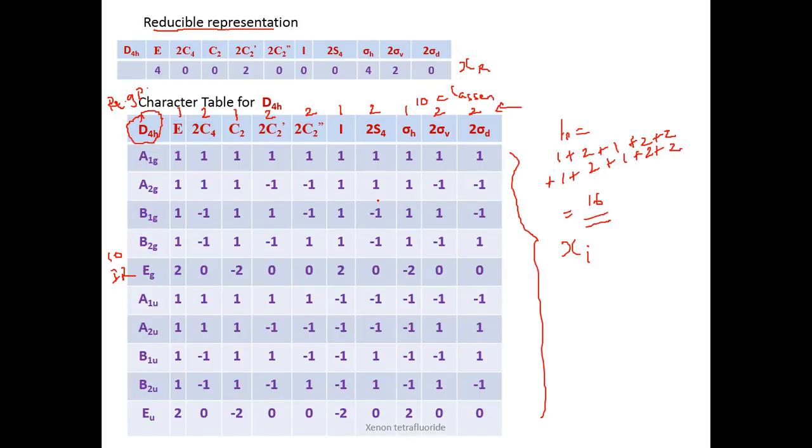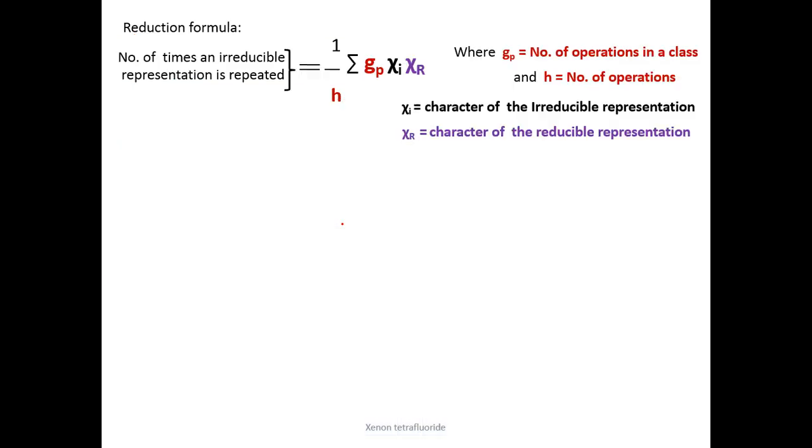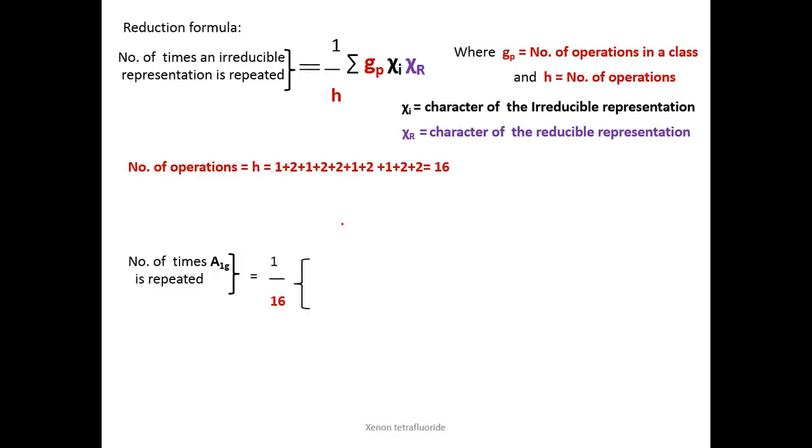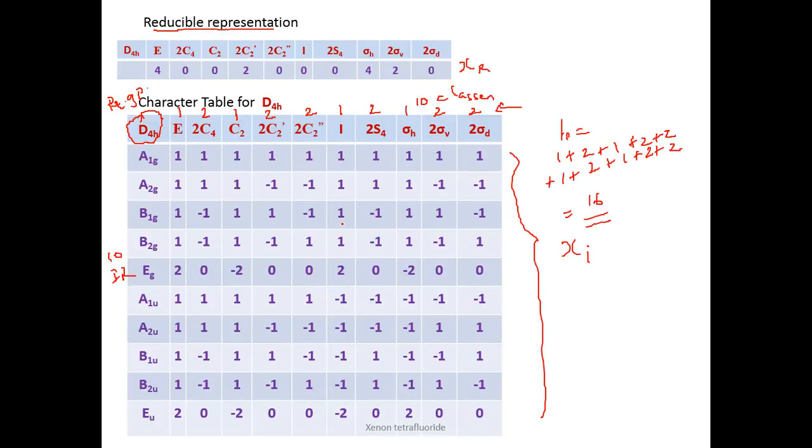H is equal to 16, the total number of operations, and we have to take each one of these irreducible representations, that is A1g, A2g, B1g, B2g, etc. For each one of these, using the reduction formula, we have to calculate the number of times A1g is repeated, the number of times A2g is repeated, and so on.